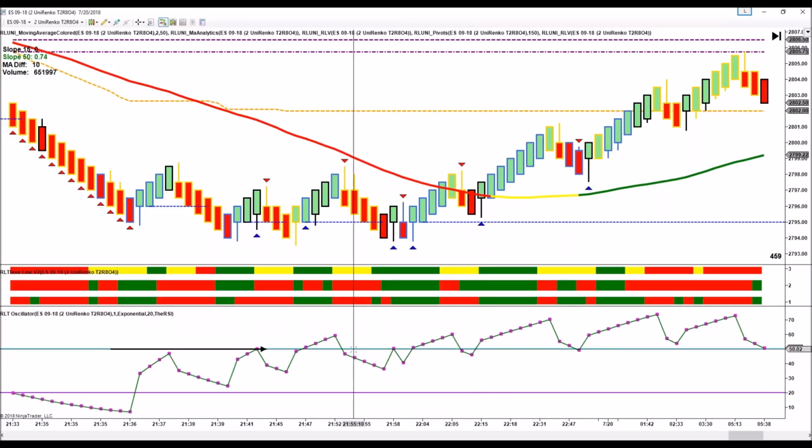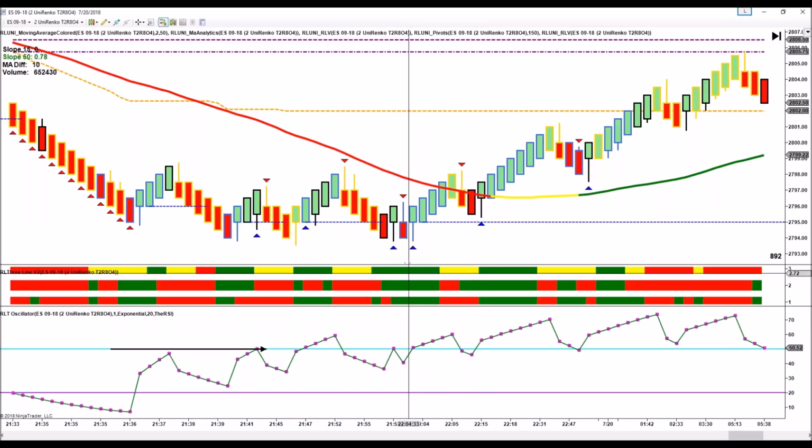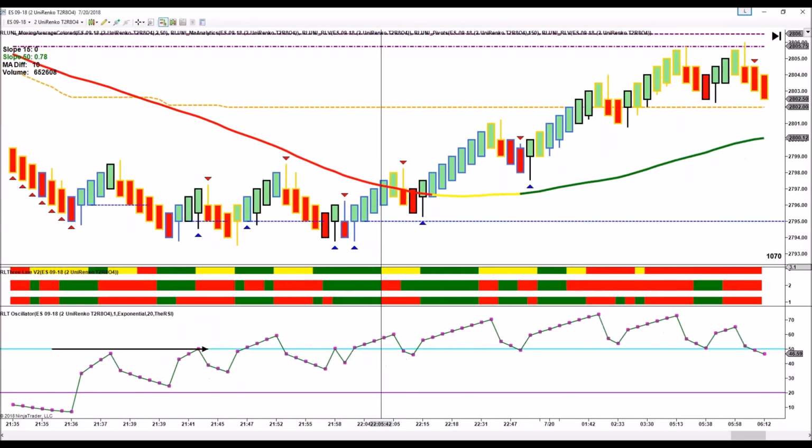It's looking at the 50 line and looking at every time the oscillator line crosses the 50 line. If it crosses it to the upside, you get an up arrow. If it crosses it to the downside, you get a down signal.